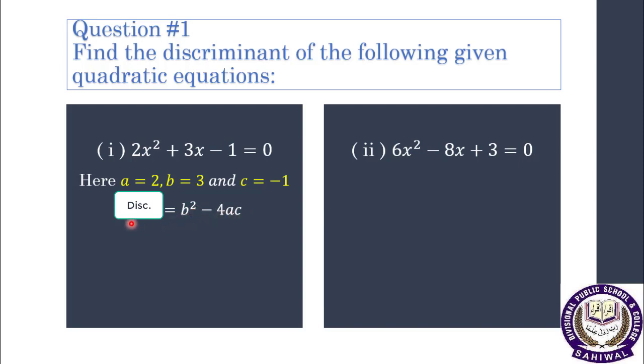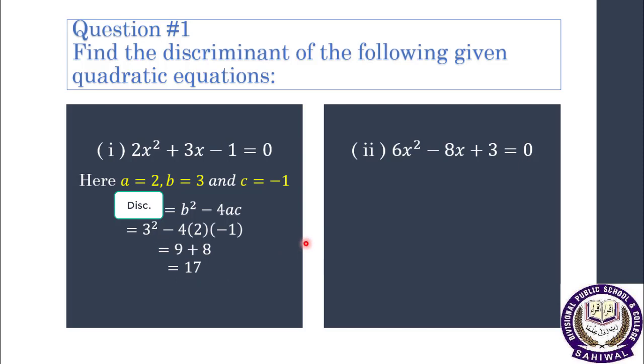Discriminant can also be written as disc, which is equal to b square minus 4ac. Now putting the values of a, b and c, we get 3 square minus 4 times 2 times minus 1. On solving, we get 9 plus 8, which is equal to 17. So the discriminant here is equal to 17.